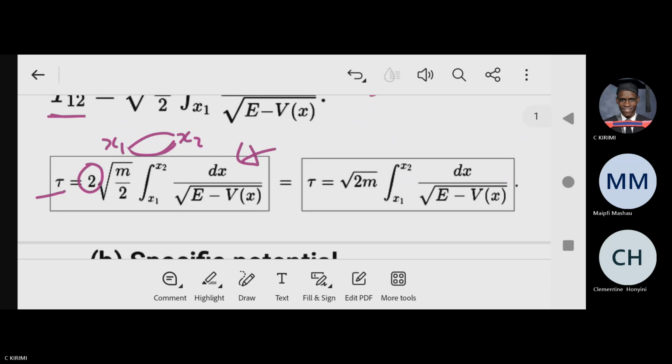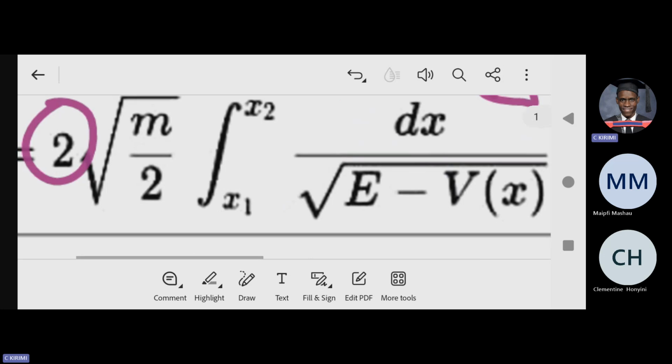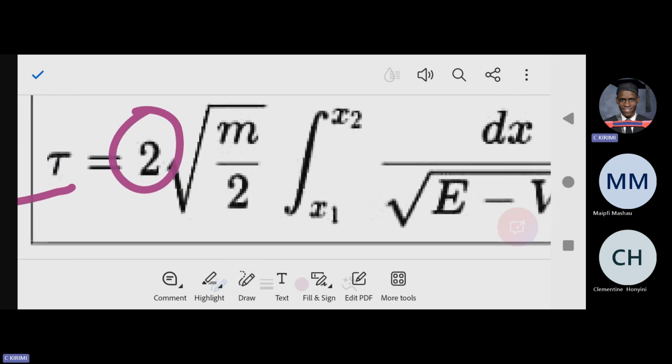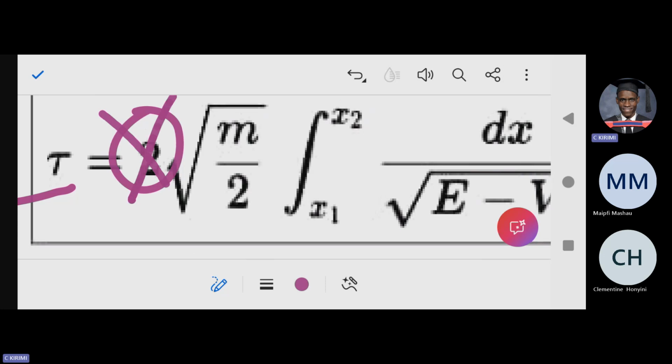What happens to the 2 which is outside, if I want to put it inside the square root?